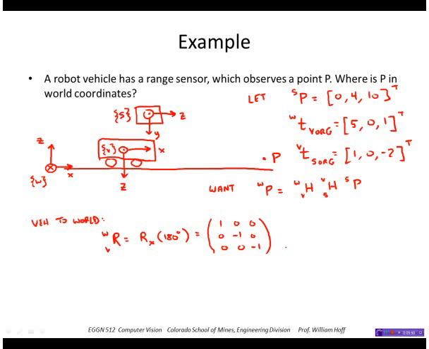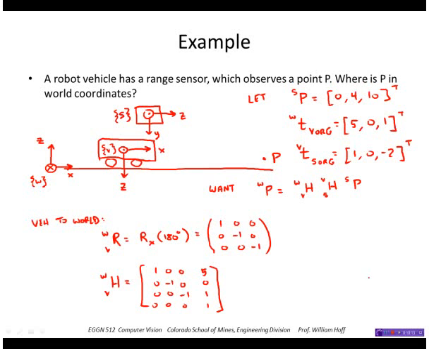And the full transformation from vehicle to world will have that rotation, and then the translation of the vehicle in the world, I said, was 5, 0, 1.